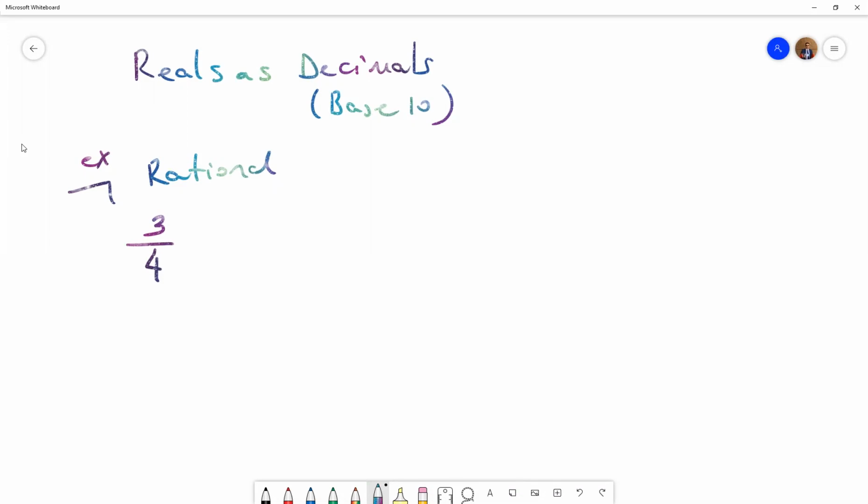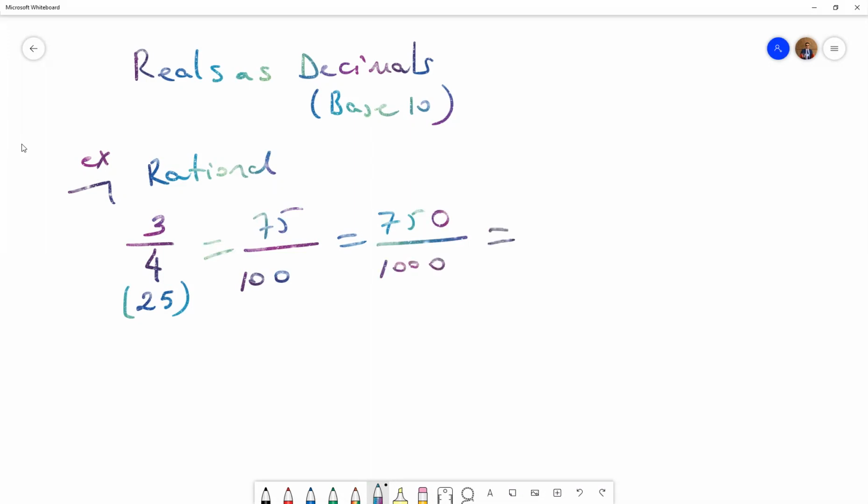You may find it by dividing, or we know that we can find this number by multiplying by 25. So we get 75/100, and this equals also 750/1000, and this equals this one. By adding 0, nothing changes. So at the end we have lots of 0 but nothing.